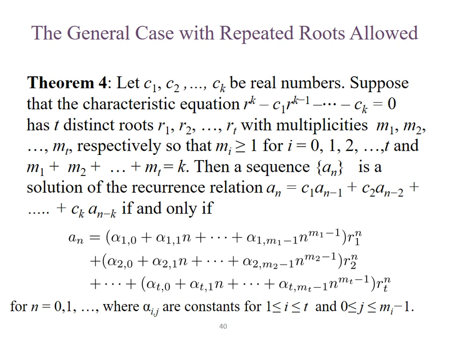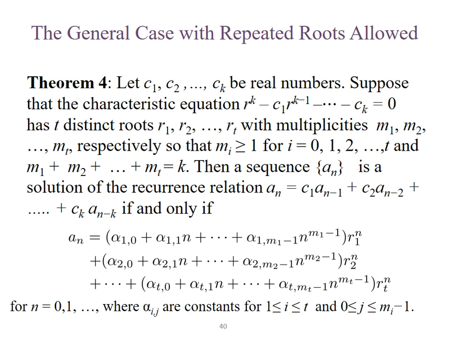However, if the multiplicity is m1, then we will have alpha_1 times n, alpha_2 times n squared, and alpha_(m1-1) times n to the power of m1 minus 1. Okay, we will have more terms.